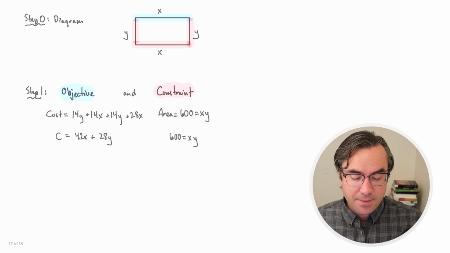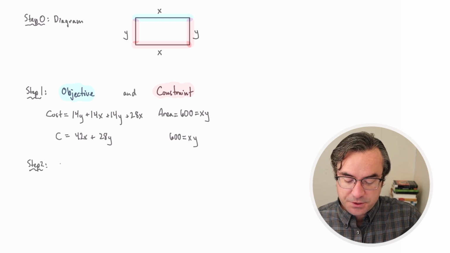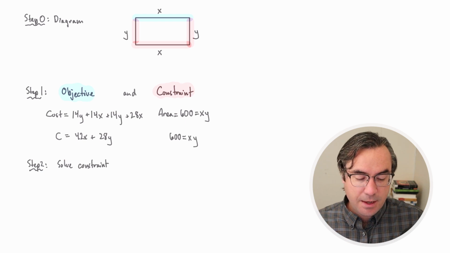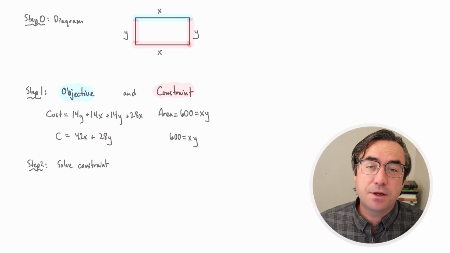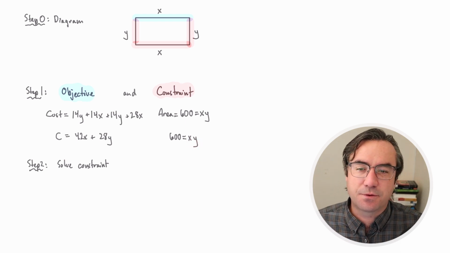So now, in step 2, this is where we want to solve our constraint. And we solve the constraint for one of the variables. So here, it doesn't really matter, so let's just solve it for y.